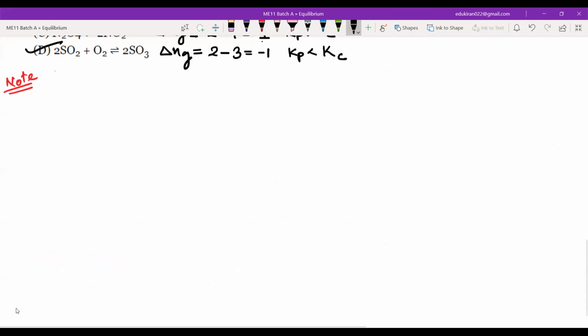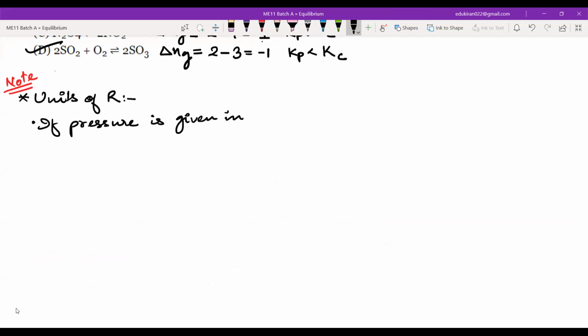Units of R. If pressure is given in atm, then R is equal to 0.0821 liter atm per Kelvin per mole.